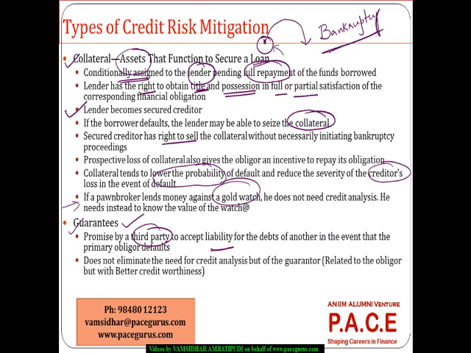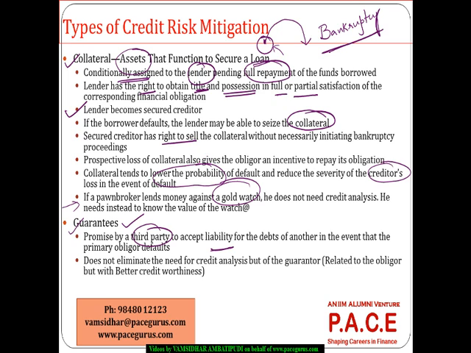If the primary borrower is defaulting, it's a promise that one more person is willing to accept this particular responsibility, that he would be clearing the debt of the primary borrower. So there is a guarantee that is being given by one party on the loan that is taken by the other party, which will again increase the confidence of the original lender.